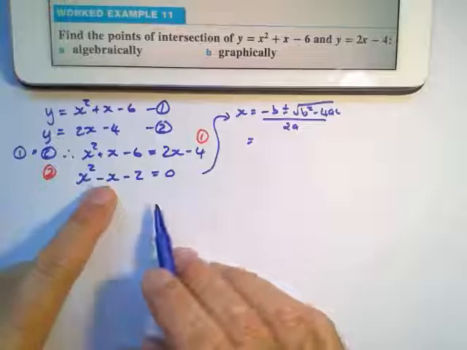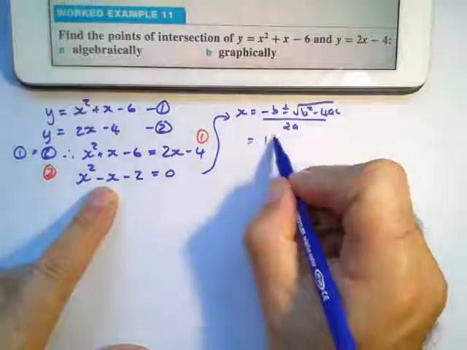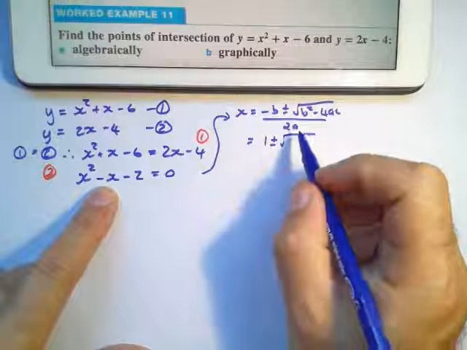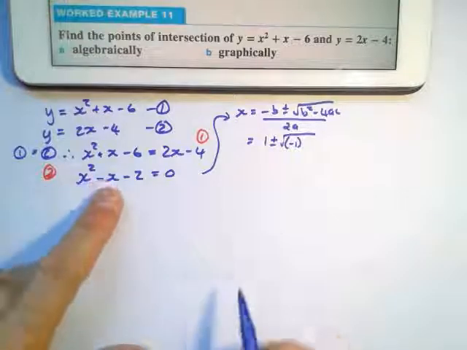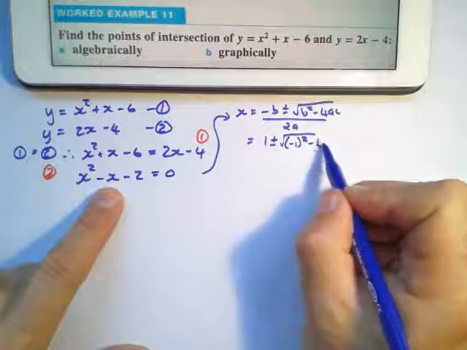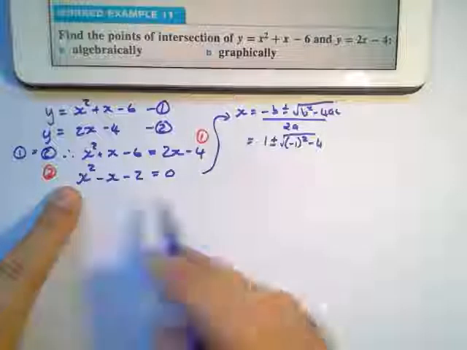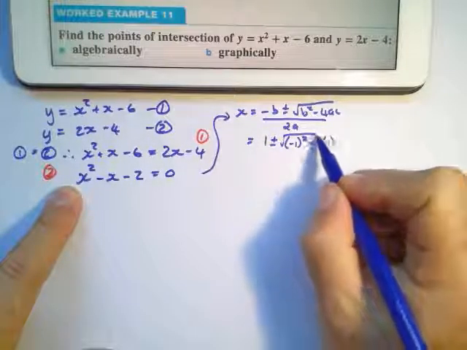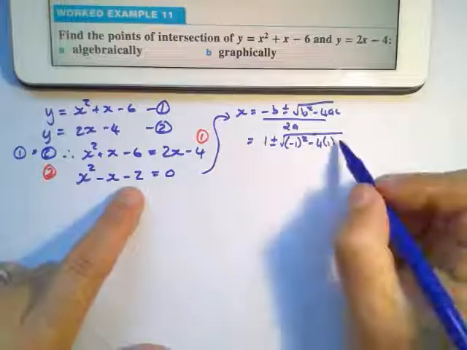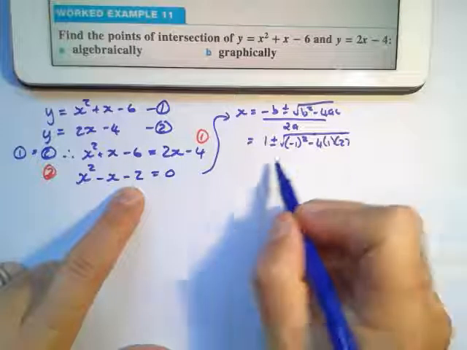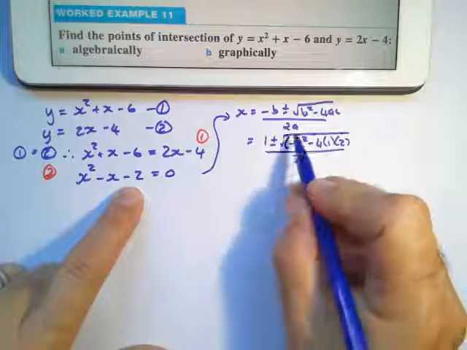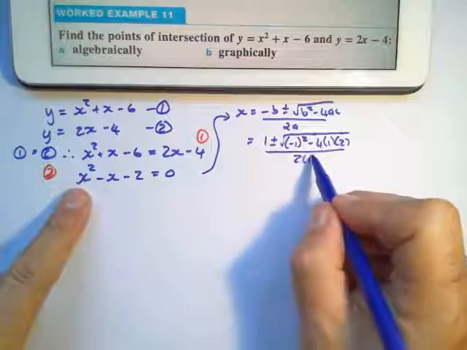Negative b, negative 1, is positive 1, plus minus negative 1 squared, b is negative 1 squared, minus 4 times a. In front of x there's a 1, and in front of c there's a negative 2. Divide by 2 times a, and a is 1.